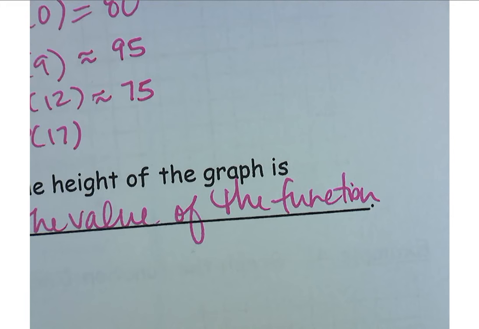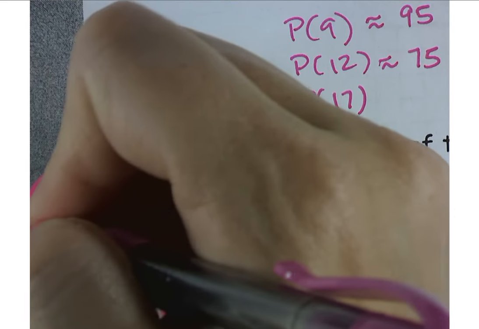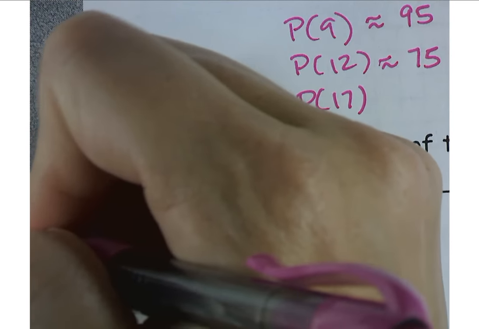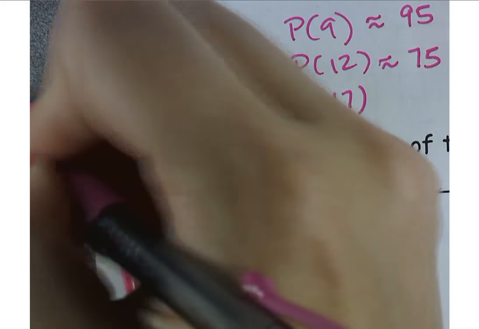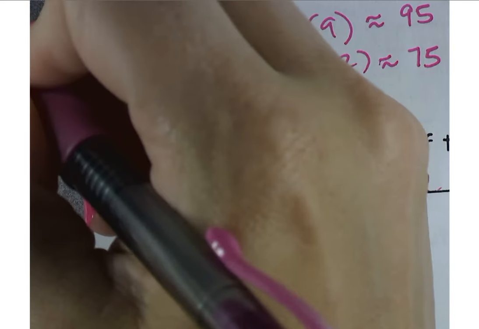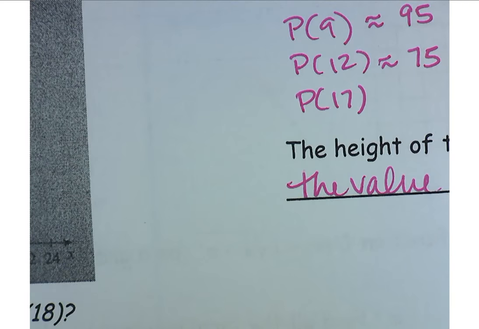And then the last one would be P of 17. So 17 is going to be halfway between 16 and 18. Okay, and then we're going to go over.